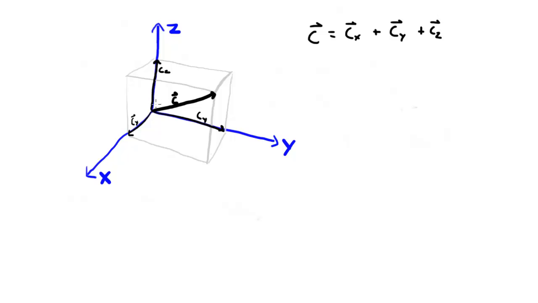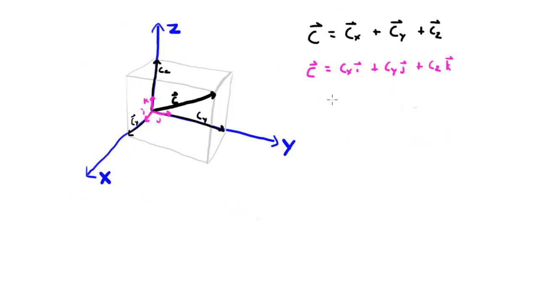Cz. Furthermore, we can extend our concept of unit vectors to include that 3rd dimension. So here's a unit vector i, a unit vector j, and we would have a unit vector k in this direction. Now we can represent C as the magnitude of the x component of C times i plus the magnitude of the y component of C times j plus the magnitude of the z component of C times k.